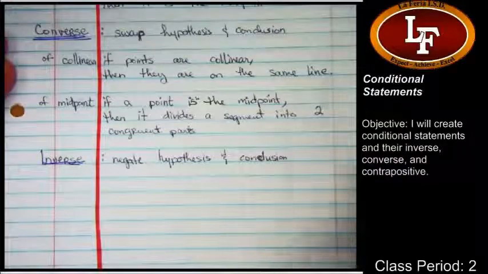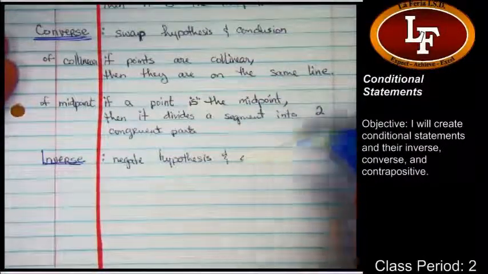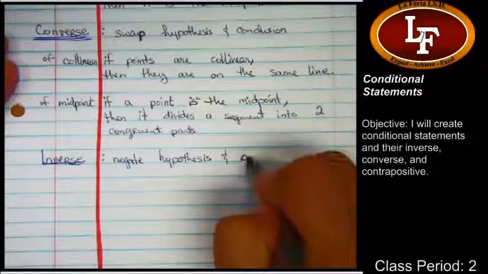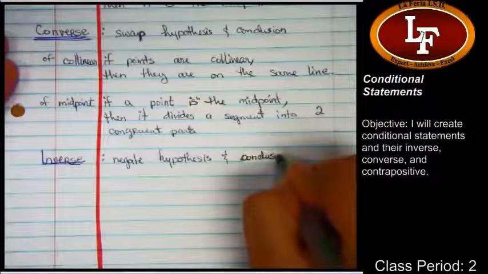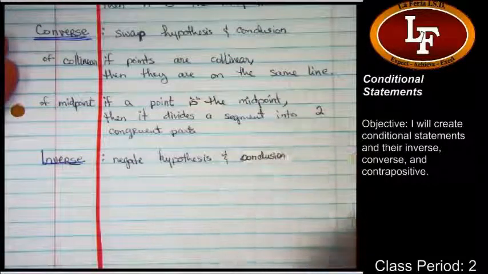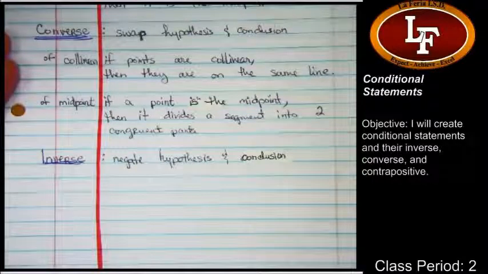To deny it, to make it mean the opposite. So if my original statement was, I like unicorns, then to negate it, I would say, I do not like unicorns. So all we did was put in that word not.